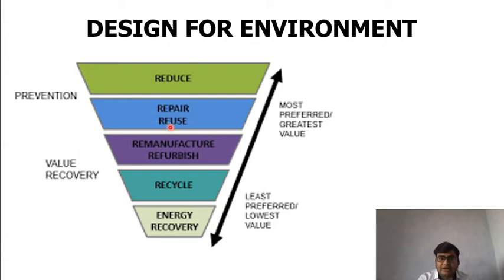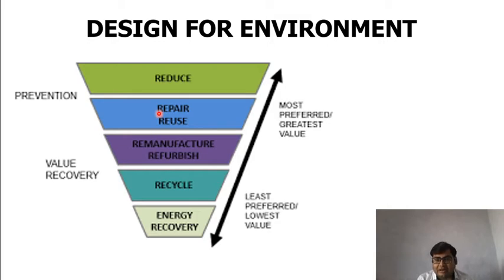So we are trying to reuse it, or we can use some alternate materials which can be reused. For example, if you are buying cold drinks and a plastic bottle is not necessary, you should always opt for a glass bottle first. Why? Because glass bottles can directly be reused, while plastic bottles need to be recycled.